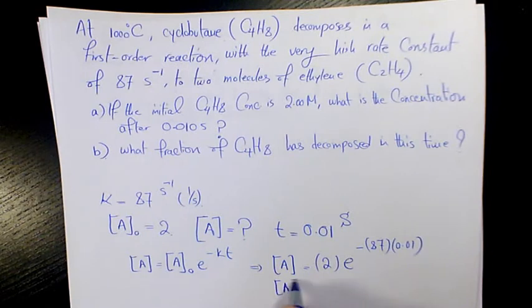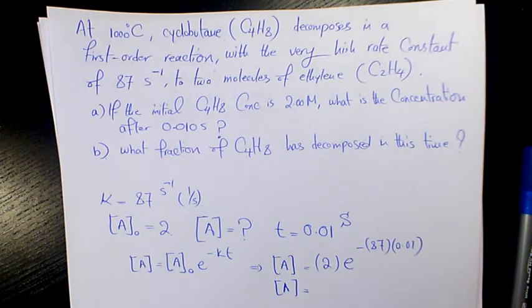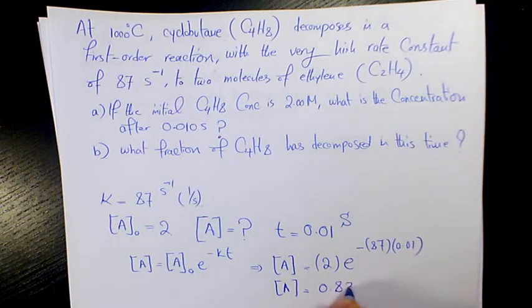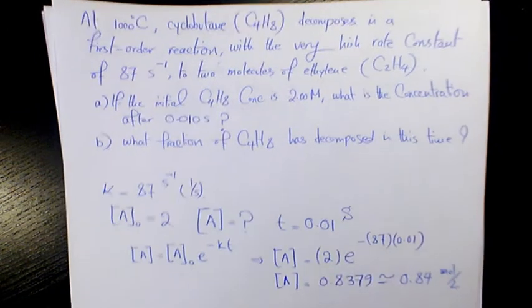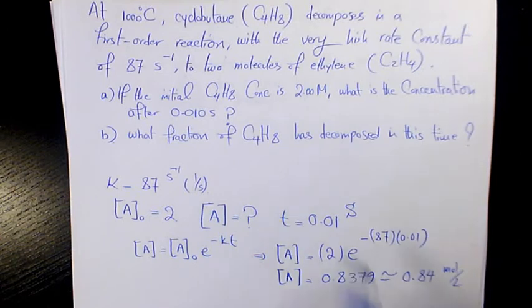So A will be e to the power of negative 87 times 2, that will be 0.8379, or we can say approximately 0.84 mole per liter. That's going to be the final concentration after 0.01 seconds.